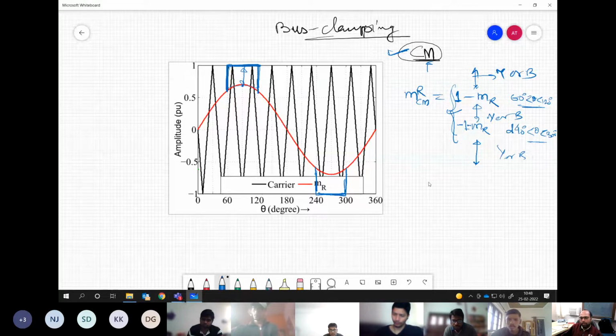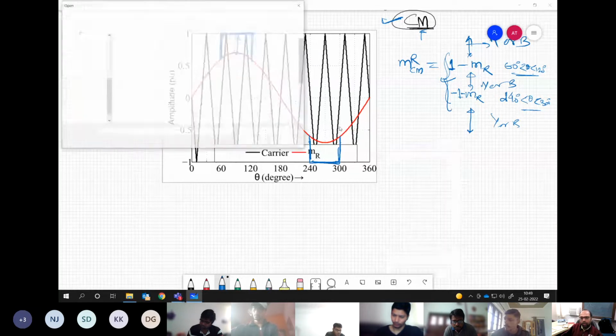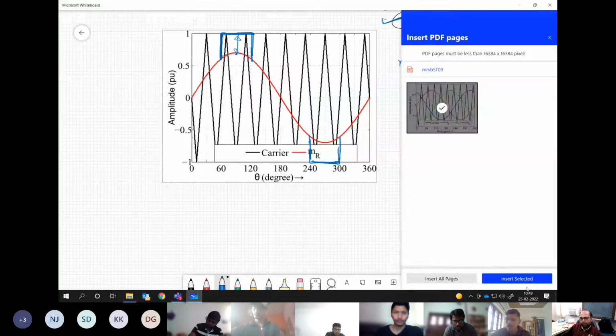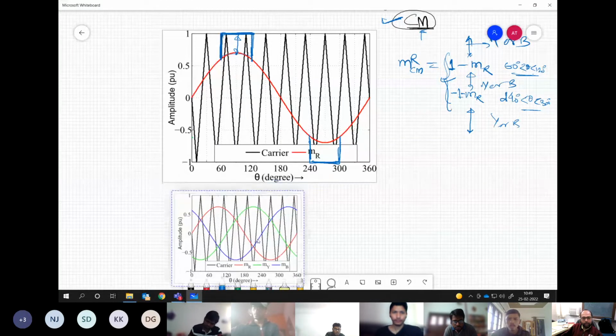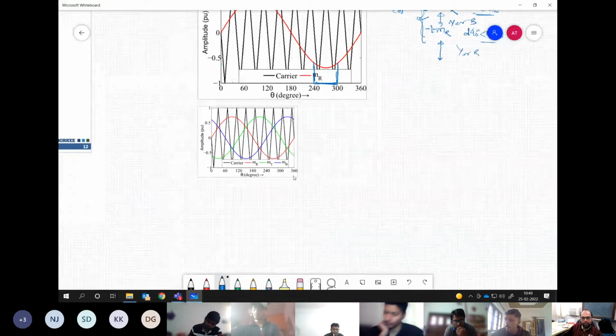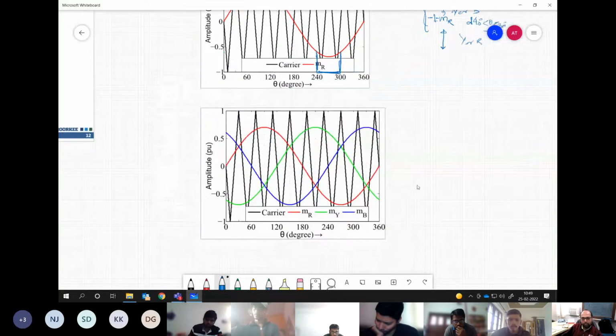Because every modulating signal which is going close to its peak, we are trying to have this kind of clamping. We cannot have unbalance, right? So we have to have the same common mode injected everywhere, plus the waveform should also look similar.